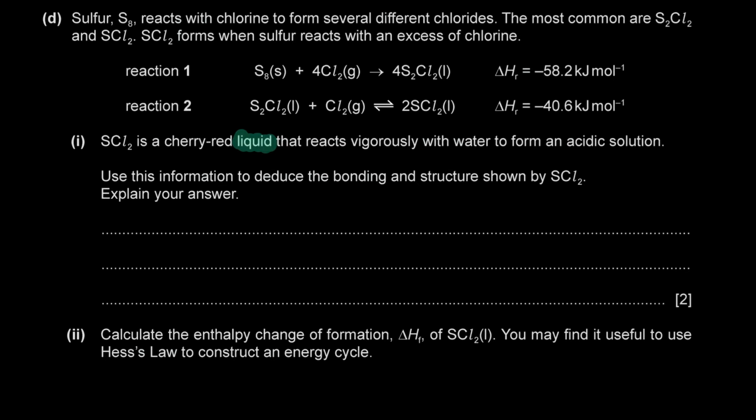it's a liquid at room temperature. So it has a relatively low melting point. So we can say that it has a simple molecular structure, because it has a low melting point.